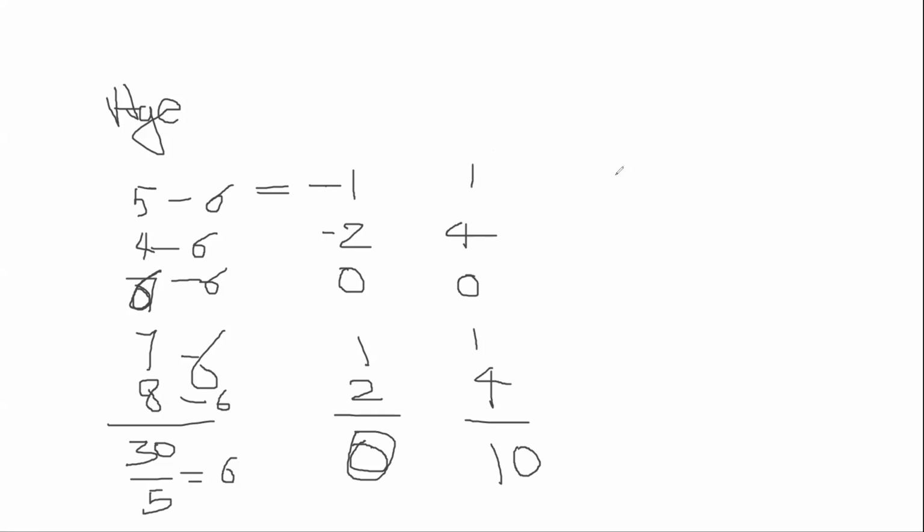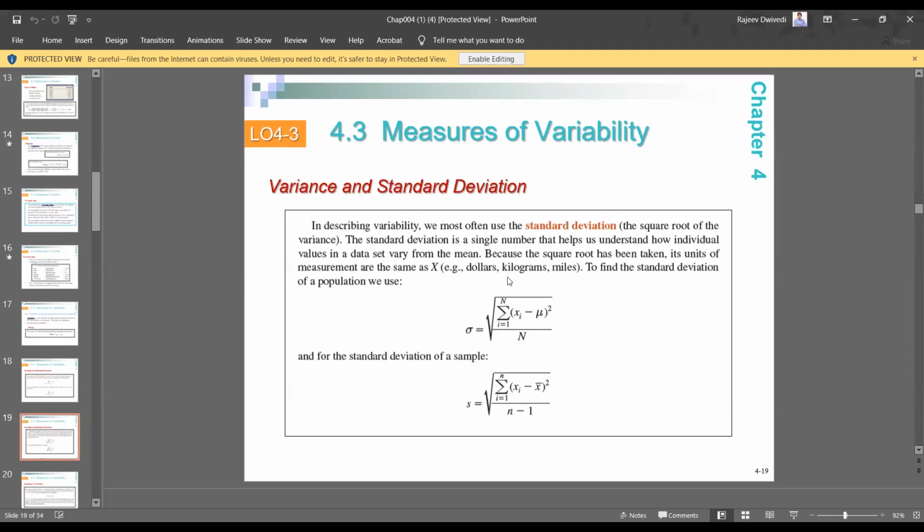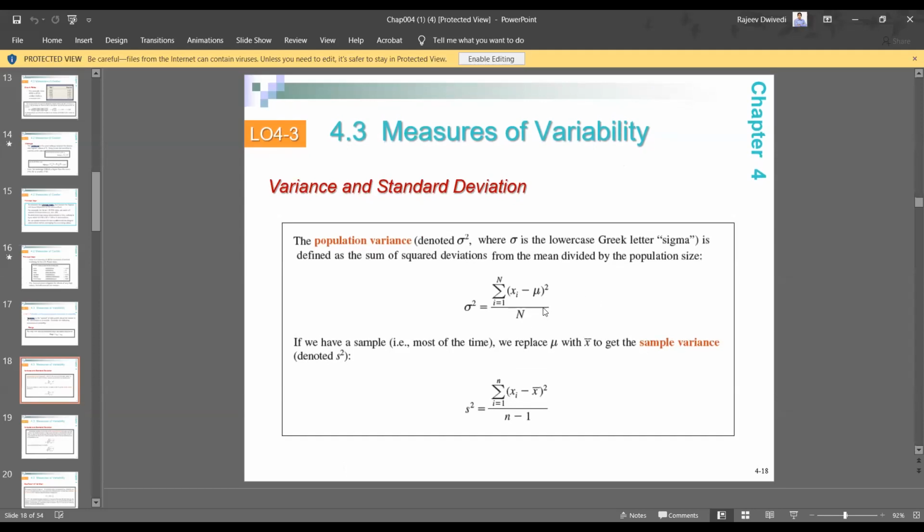Now the next thing is the formula: sum of x minus mu, or x minus x bar, squared, divided by n minus 1 in case of sample, and divided by n in case of population.